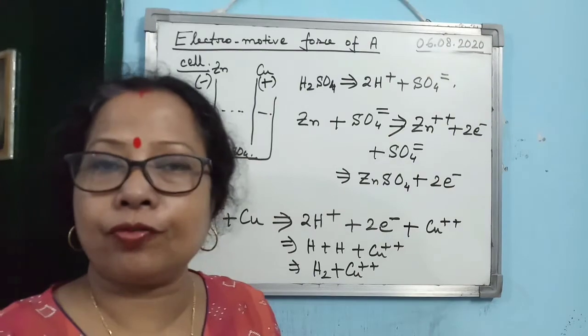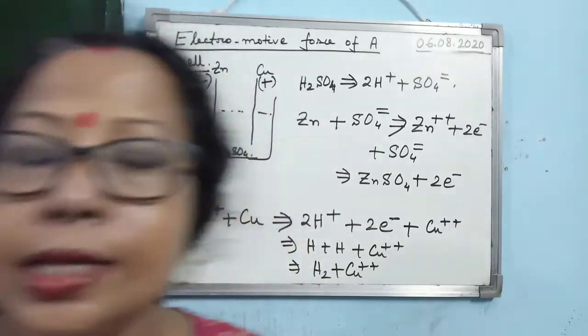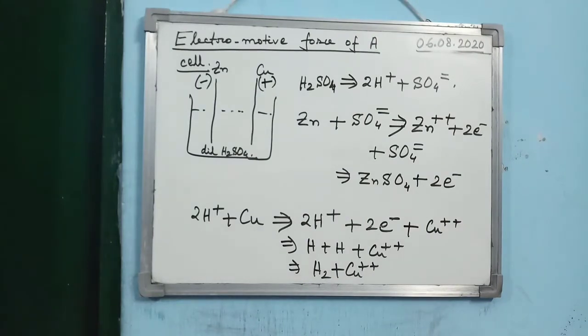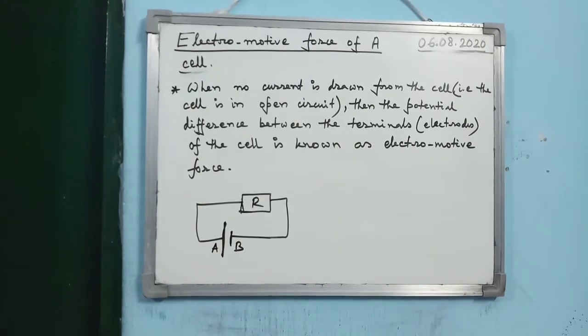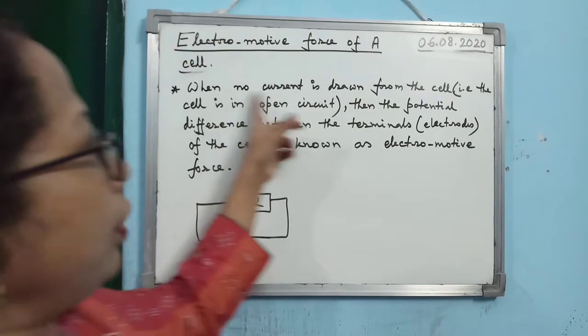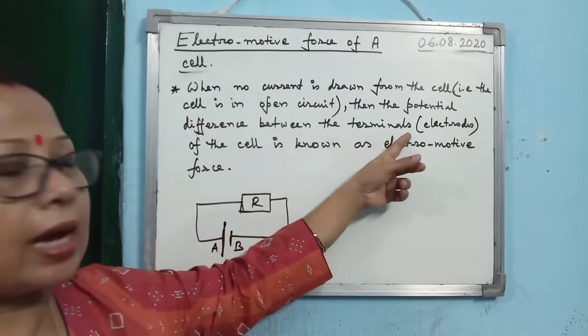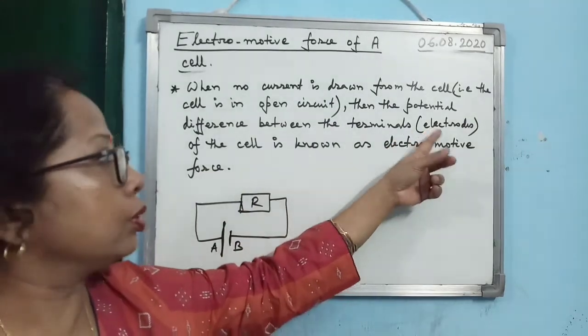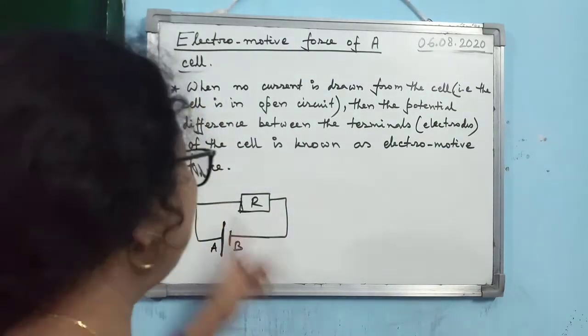You are not drawing current from the cell, then the potential difference between the electrodes is known as the electromotive force of the cell. You don't have to remember all the reactions I have written here, I have written them just for your understanding. So you can define the EMF of a cell as the potential difference between the terminals, meaning the electrodes of the cell, when no current is drawn from the cell.